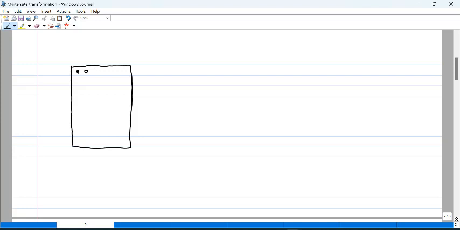So I am using a dark circle to indicate the alloying element. In case of steel, it would be carbon. Okay, and the open circles would represent the atoms of the parent.